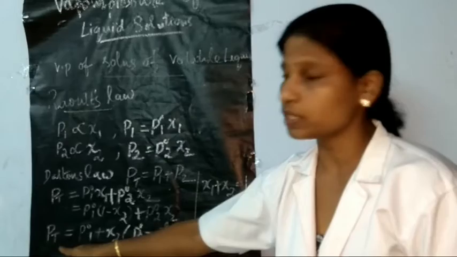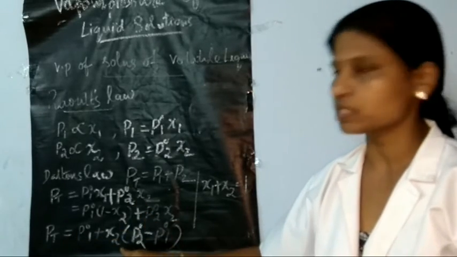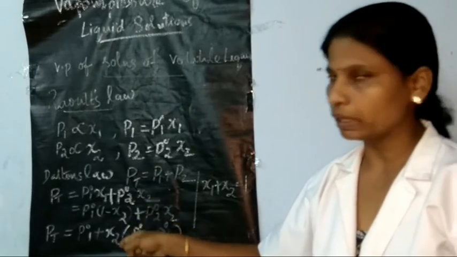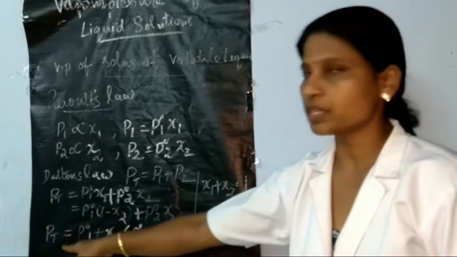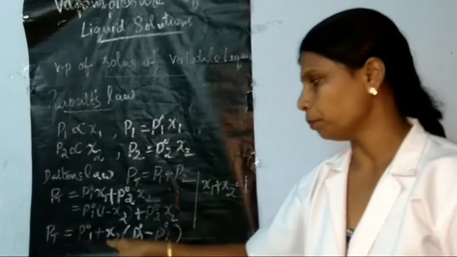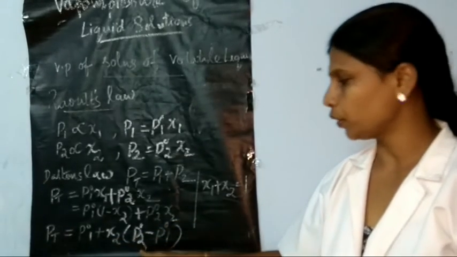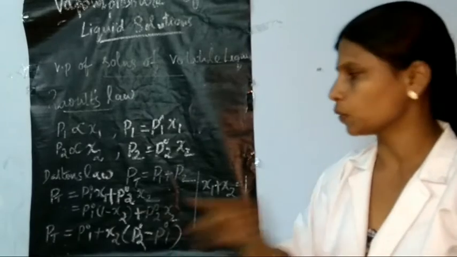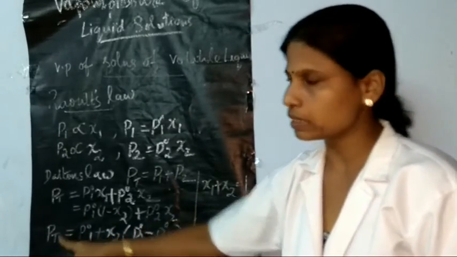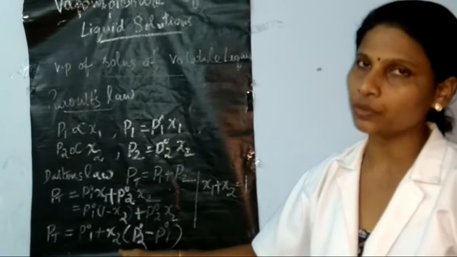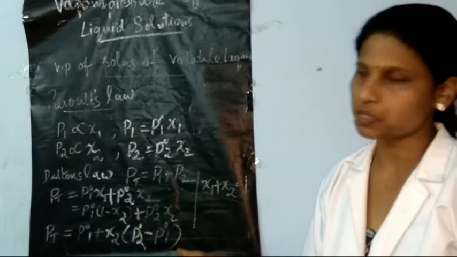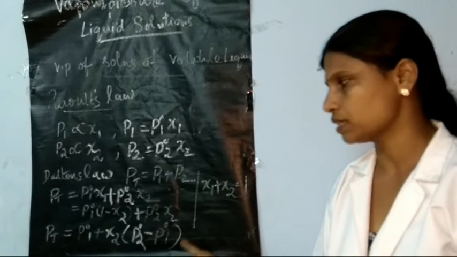The total pressure over the solution varies with the mole fraction of any one of the components. We can make these conclusions on the basis of the final equation: P total is equal to P01 plus X2 into (P02 minus P01). First, P total varies linearly with the mole fraction of any one of the components, because this equation is in the form y is equal to mx plus c.